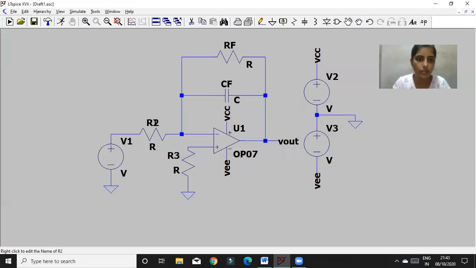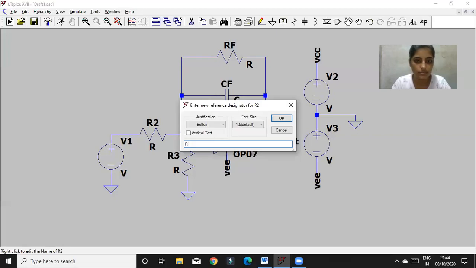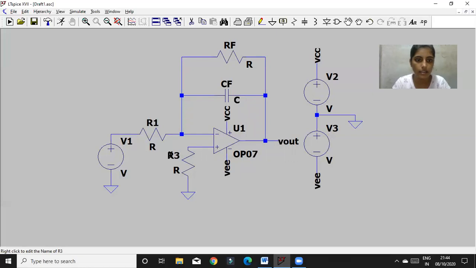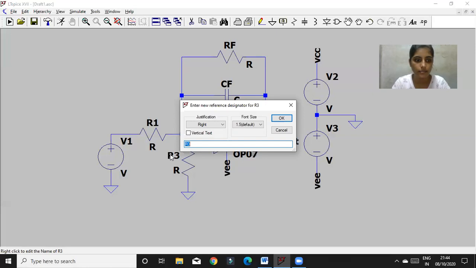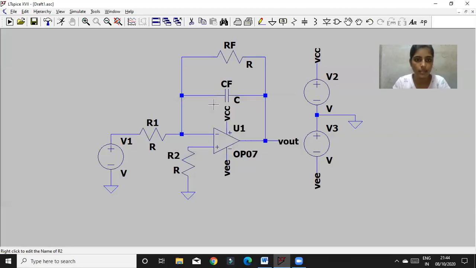This is my R1. And this I labeled as R2, let's say.